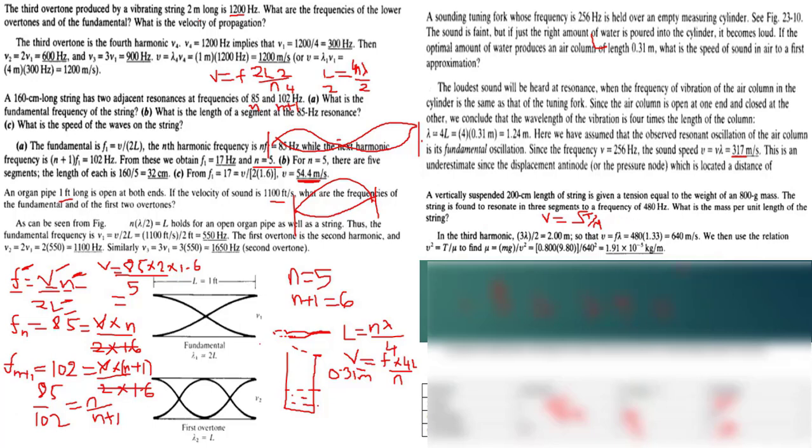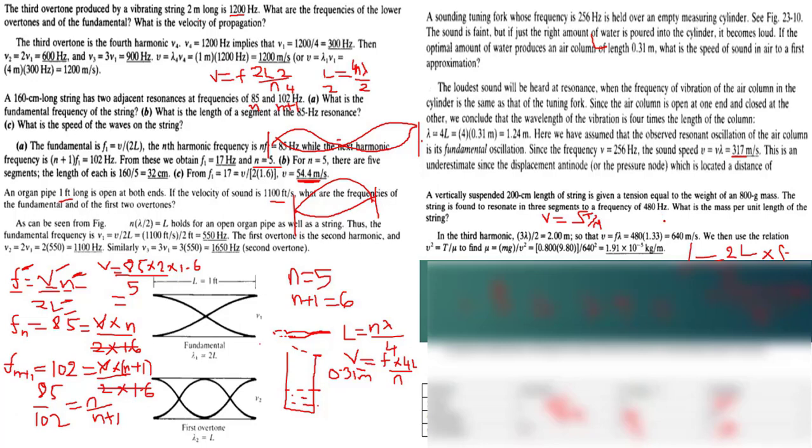Because it is third harmonic for a string, we know V is equal to 2L over N times frequency. Okay, so having 2 times length ya string tumeambiwa ni 200 cm, which is 2 meters, times frequency tumeambiwa ni 480 divided by N ambayo ni third harmonic, as we have said.